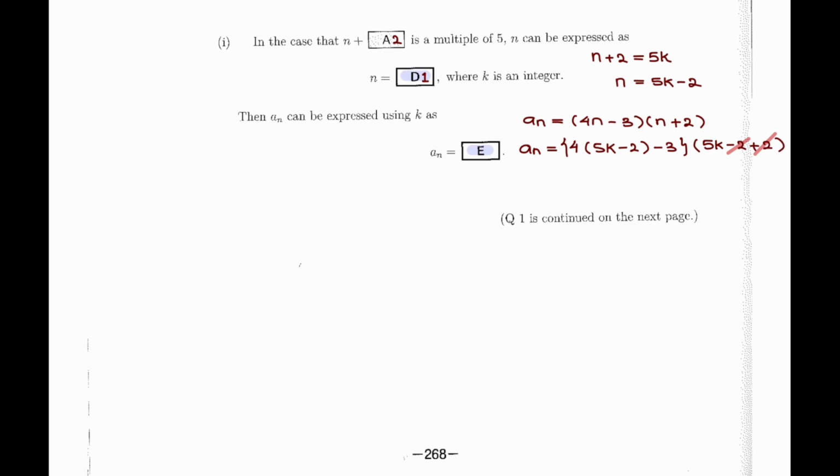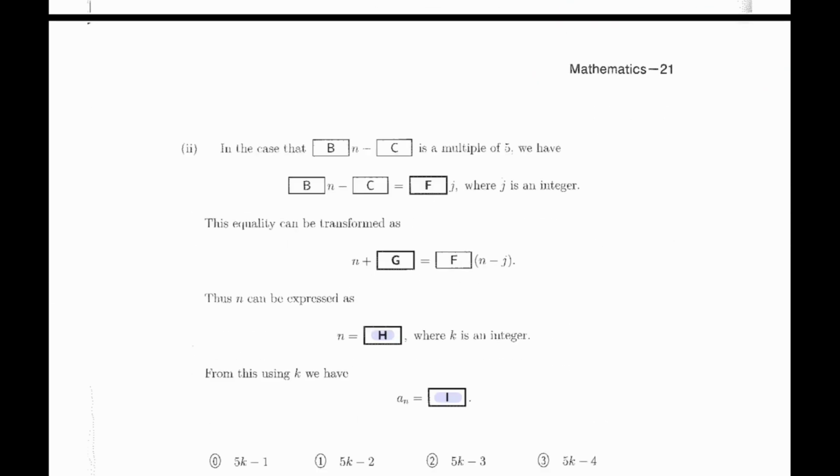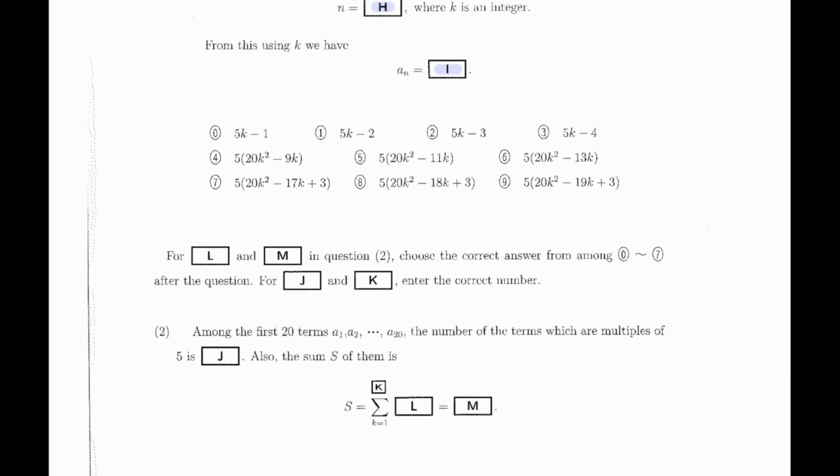And then if you simplify the expression, you will obtain 20k minus 8 minus 3. Negative 8 minus 3, you get negative 11, times 5k. Let me see the choices below.